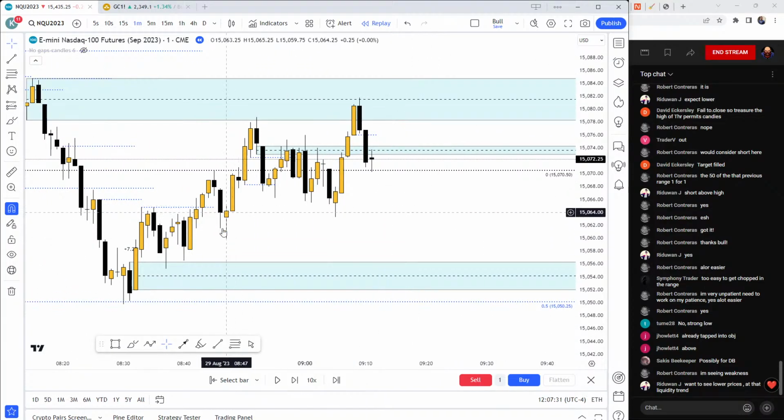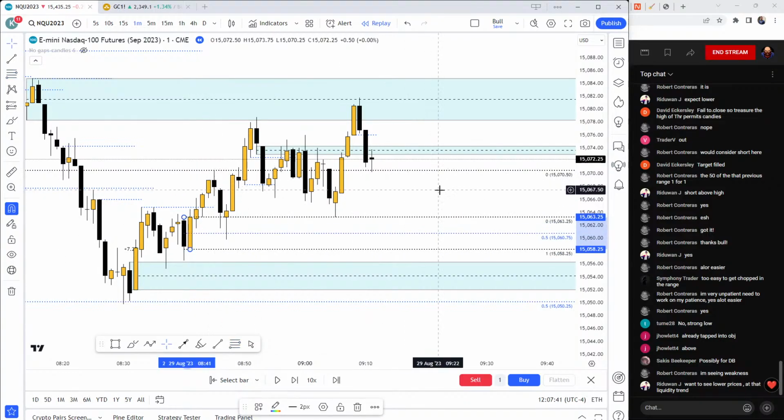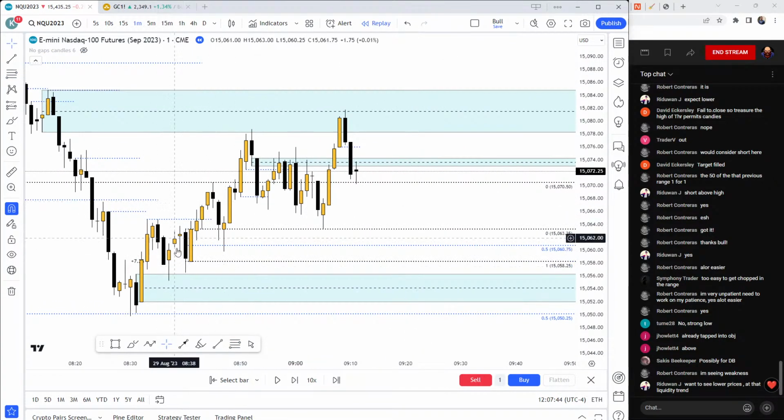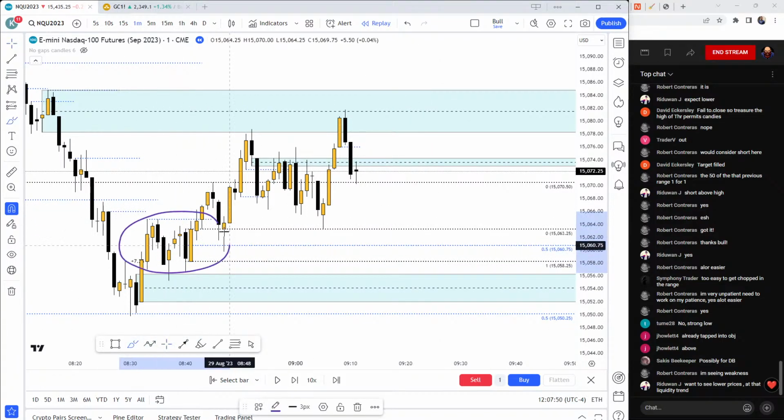Right? This movement here, that movement here. I'm going to mark that out. So we don't want to see this area here taken. This was our consolidation, which broke above here.